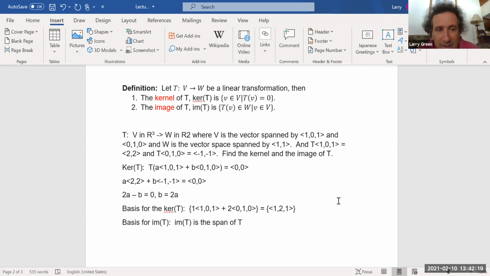So in particular, it's the span of T of 101, comma, T of 010. Any questions on that so far?